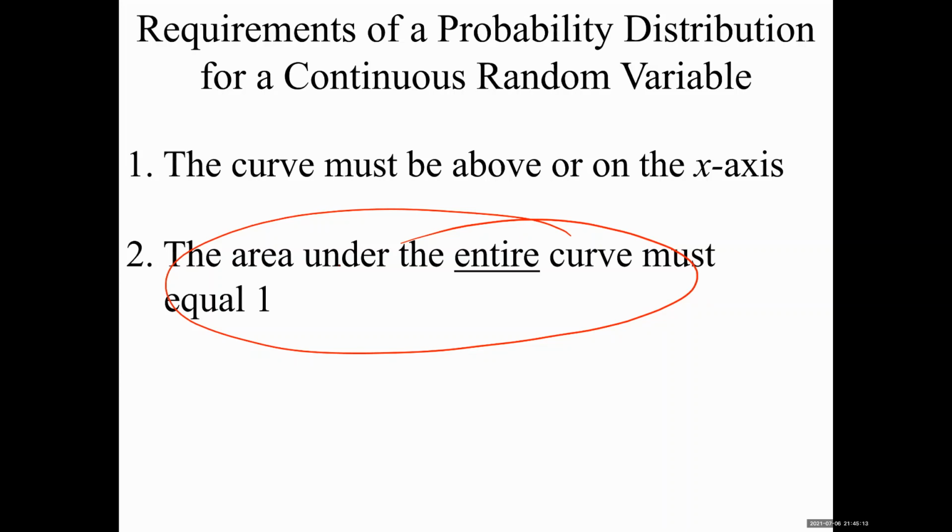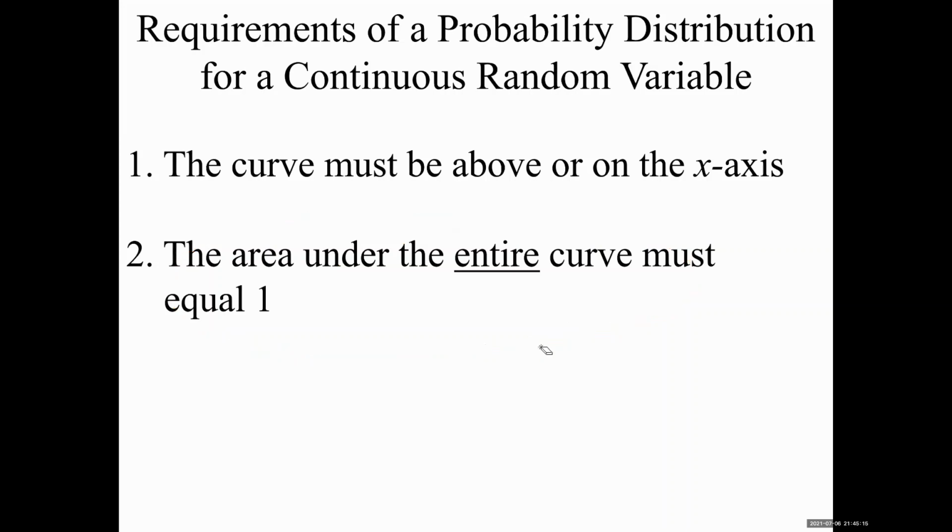The area under which part of the curve is 1? The area under the entire curve. That's why I have entire underlined. You don't have to write the word entire, but you've got to write something like that. Area under the entire curve, area under the whole curve, something like that. The area under everything has to be 1. Okay, those are the two requirements. All right, let's move on. So I'm going to just summarize what I just said, and then we'll do a bunch of examples.